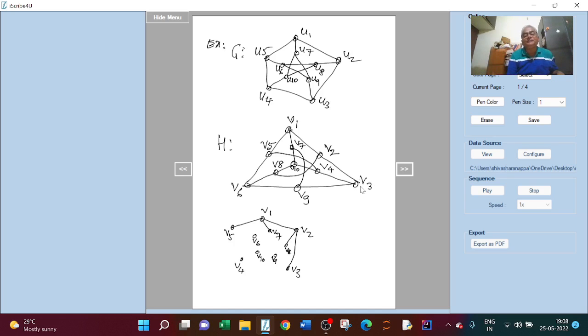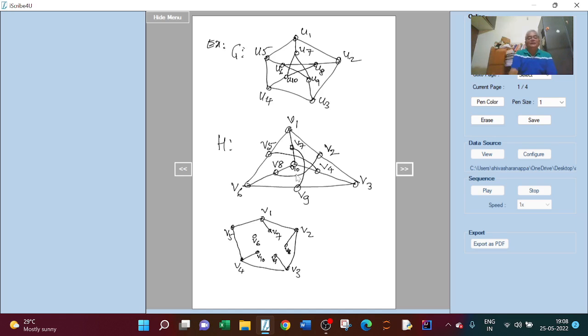V3 is adjacent with V2, already taken, and V3 is adjacent with V4 and V9. Next, V4 is adjacent with V3, V10, V5. So V4 with V5 and V10.